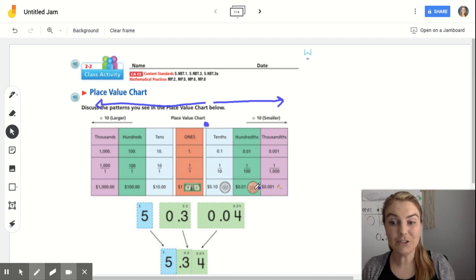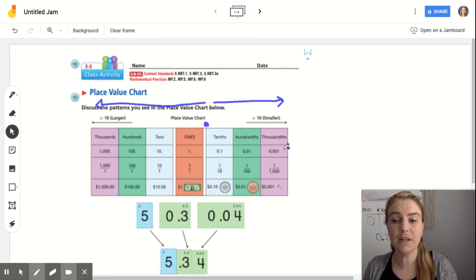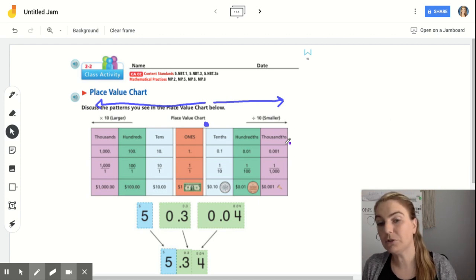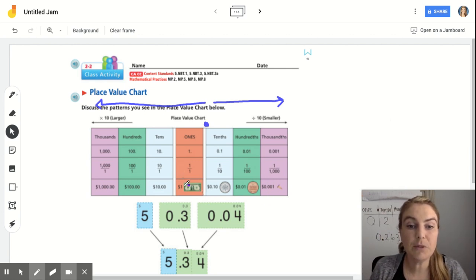Like I described in the last video and what we were studying in the previous lesson, we don't have any monetary coins that go along with the thousandths place value, but we are going to be working with numbers quite a bit that have a digit in the thousandths place. If you're thinking of money in terms of thousandths, it would be as if we were to split this dollar bill into 1,000 pieces.